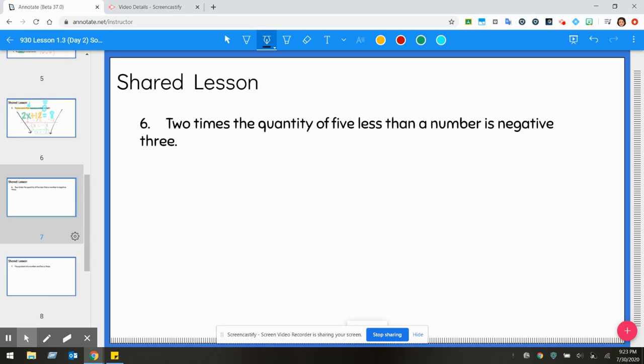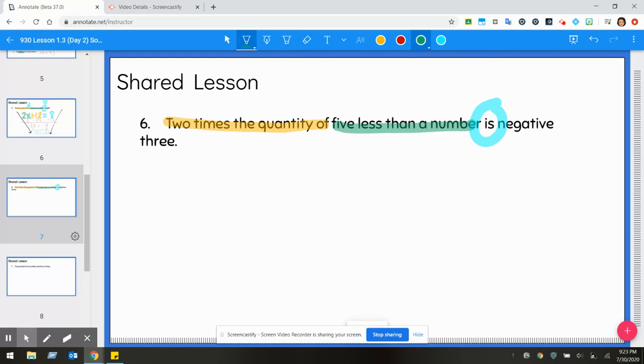All right, moving on to number 6. Just a reminder, stop this at any point and go ahead and try these on your own, and then push play and check your answers with my work. So 2 times the quantity of 5 less than a number is negative 3.